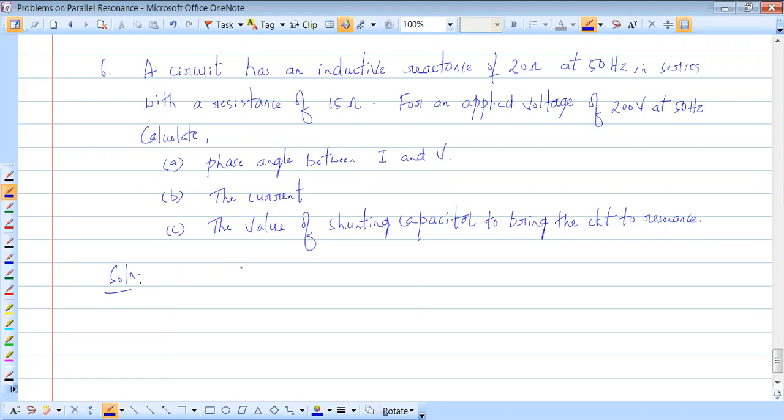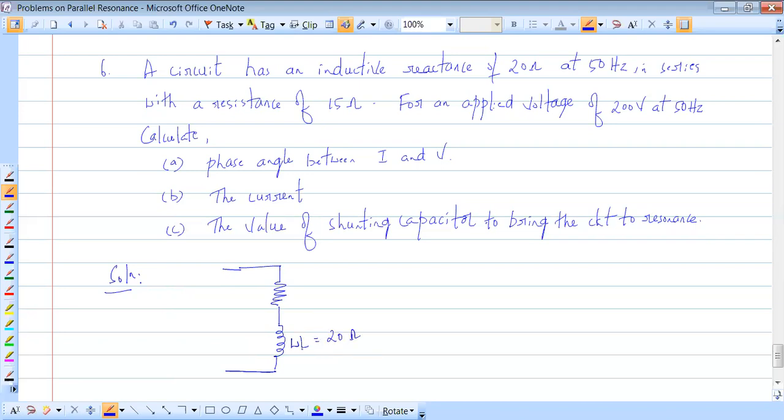So what they have told us is we have a resistance, and the reactance of 20 ohms. Reactance is omega L they have given. Omega L is the reactance, and they have given it to be 20 ohms.